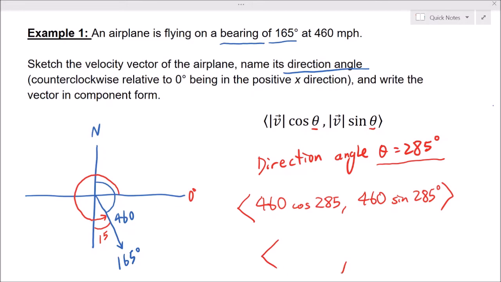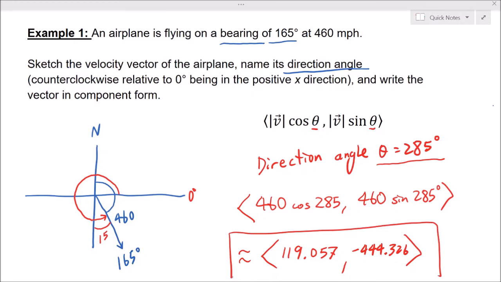Stick this in your calculator and you should get that the velocity vector is around positive 119.057 and negative 444.326. So that right there is the component form of the vector in the terms that we've been dealing with vectors, right? Does that make sense?